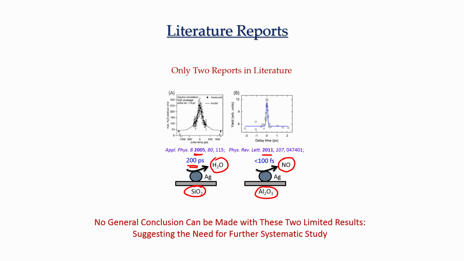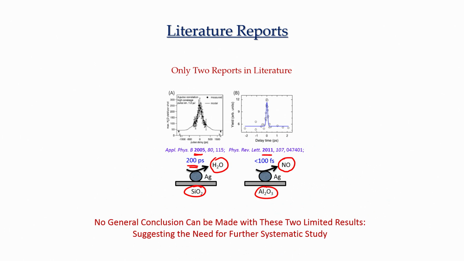So, I have a support surface, then I have nanoparticle sitting on it, nanoparticle of the order of 10 nanometer probably, and then on the nanoparticle I have molecules sitting, and then we use this two pulse correlation spectroscopy, and it was found that 200 picosecond was the desorption time scale for the water, and less than 100 femtosecond was the desorption time scale for NO.